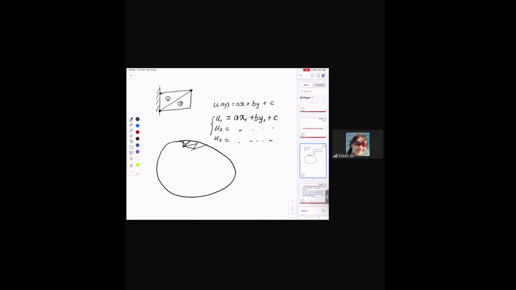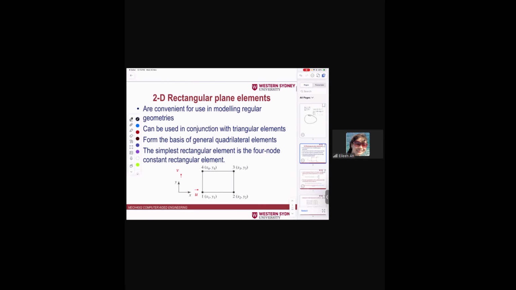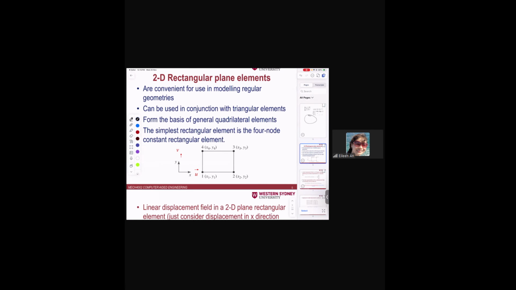Then you have to do the same calculation millions of times. Think about how big the work is. Okay, now let's have a look. What's the benefit of using the rectangular element?